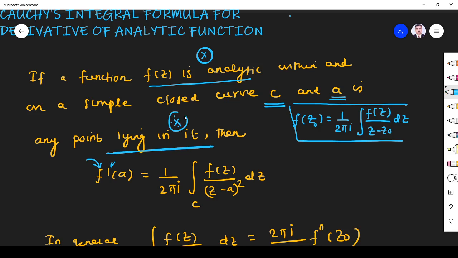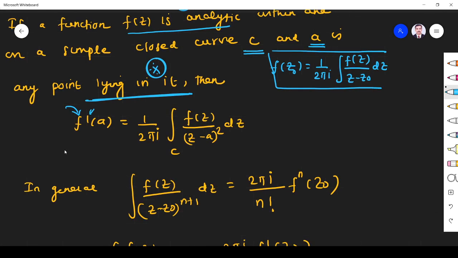For Cauchy's integral theorem, integral formula, residue theorem, everything, the point should lie inside the curve; otherwise the answer is 0. So if the point a is lying inside the curve and f of z is analytic, then f dash of a is equal to 1 by 2 pi i integral of f of z divided by z minus a whole square dz.